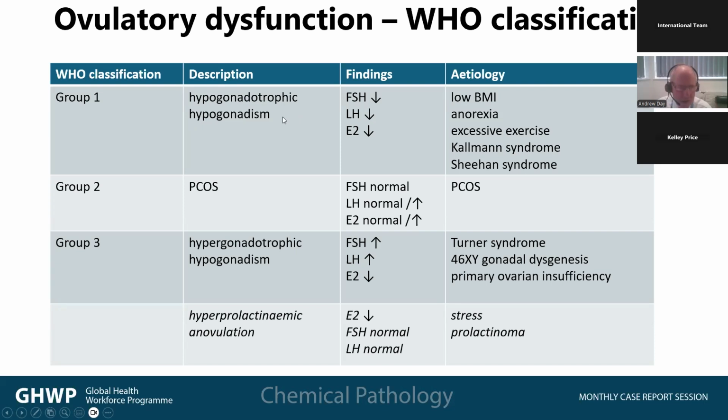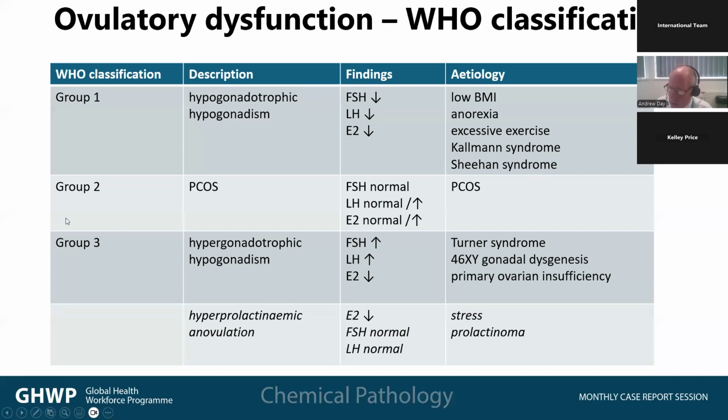Hypogonadotrophic hypogonadism, where there's low gonadotrophins and low estradiol, and we'll look at these causes again in a moment. Group 2 being polycystic ovarian syndrome, which we'll spend some time exploring, with typical findings of relatively unremarkable FSH, raised levels of LH quite often, but not invariably, and well estrogenized patients with relatively normal or slightly high estrogen levels.